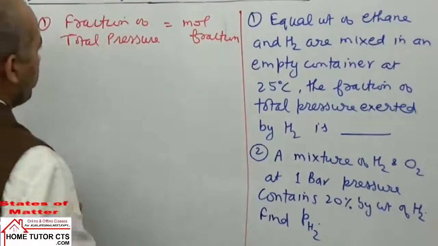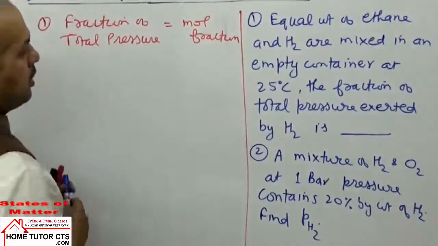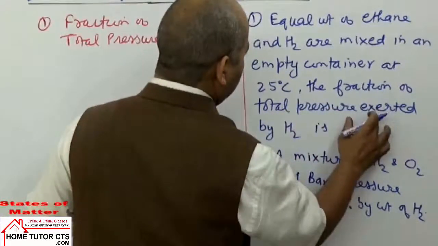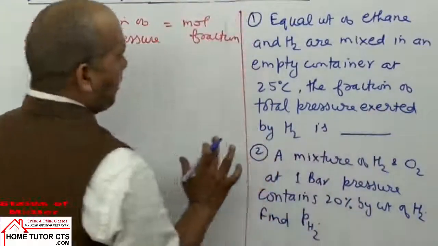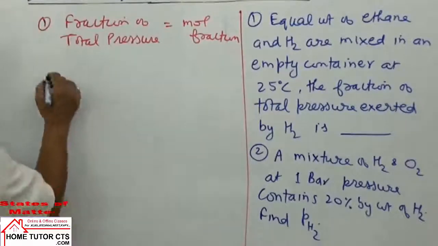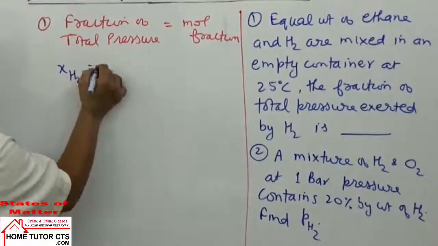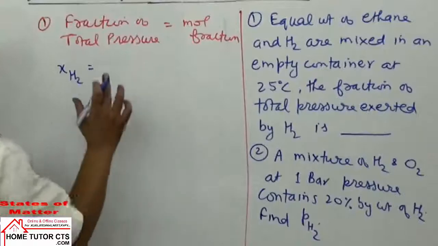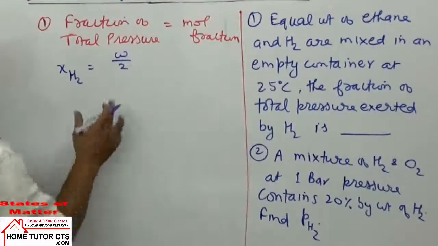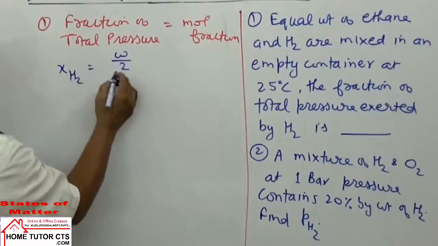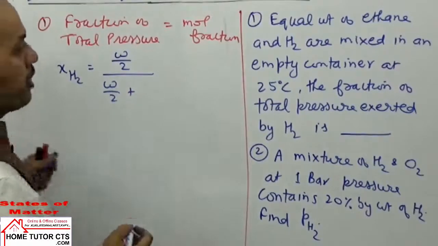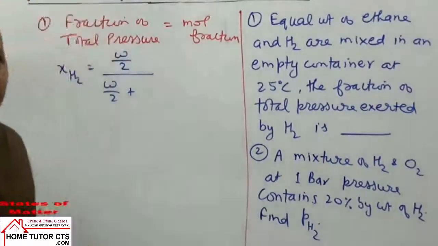So to solve this question, we can use the same expression: fraction of total pressure that is exerted by hydrogen. You have been given equal weight of both, not equal moles, equal weight. So what is the mole fraction of hydrogen? It is moles of hydrogen. Let us take each gas as W gram, divided by molar weight of hydrogen 2, divided by W by 2 plus W by the molar weight of ethane.